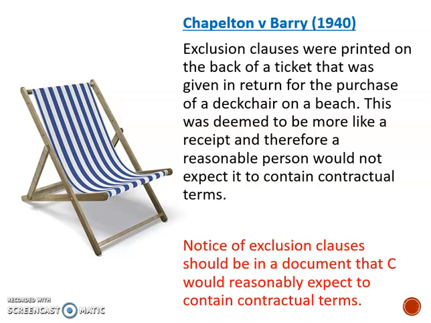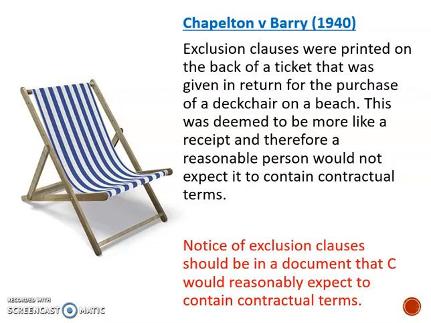Chapelton v Barry is a really useful case for comparing to the case of Parker, because on the face of it, it looks like the facts are quite similar. Now, in this case, you can see that exclusion clauses were printed on the back of a ticket that was given in return for the purchase of a deck chair on a beach. So people were renting deck chairs to take onto the beach.